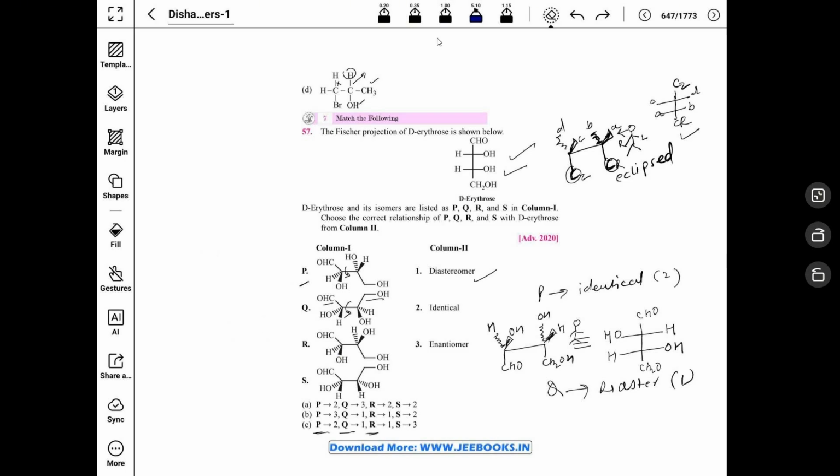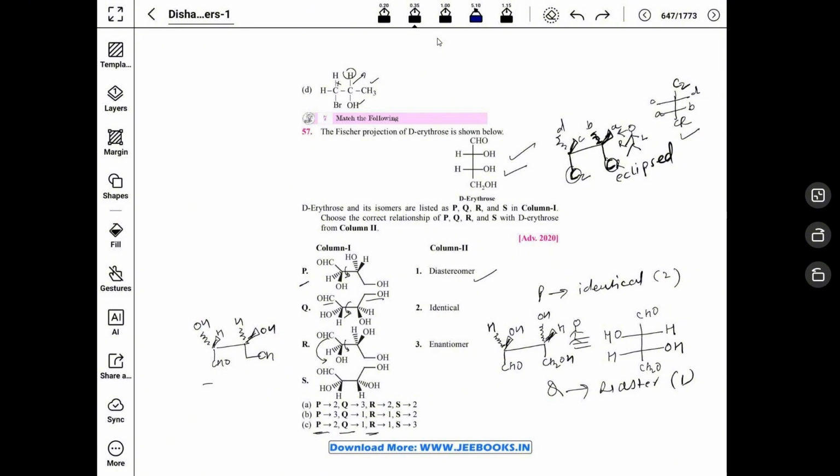R is the same; bring the aldehyde down by rotating around this bond. So the aldehyde is down. This is OH, this is hydrogen, this is OH. And then when the aldehyde is brought down, OH is going away and hydrogen is towards your side.